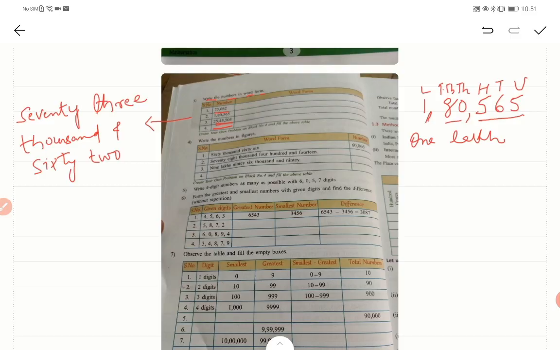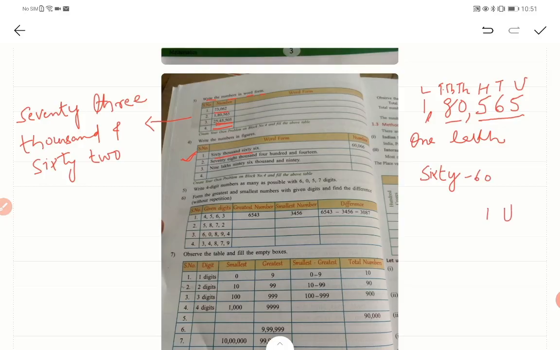Now here in this fourth part, they have given you the number in word form, and you need to write that in number form. An example is already given. See, 60,000 they are saying. 60 is in the thousands place.